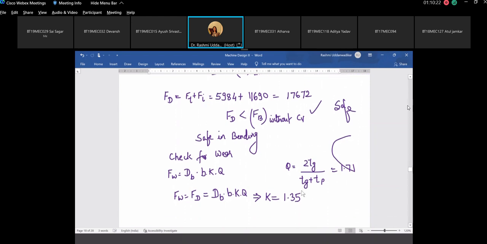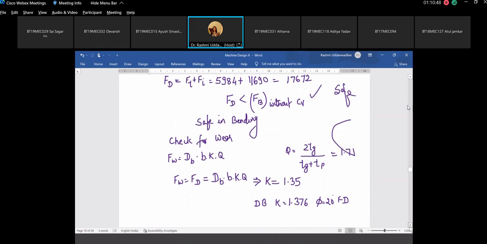Now you see we have increased K from 1.35 to 1.37, which means FW will now be greater than FD. So from the data book, we are taking K as the next available value, 1.376 for pressure angle of 20 degrees full depth for cast iron steel combination.